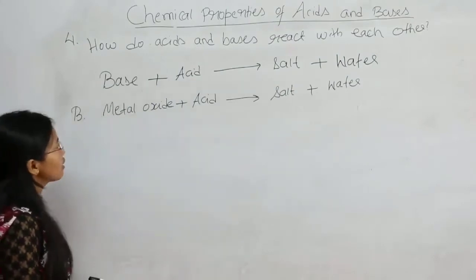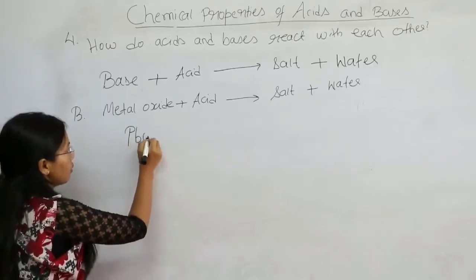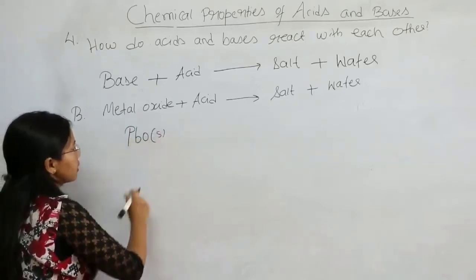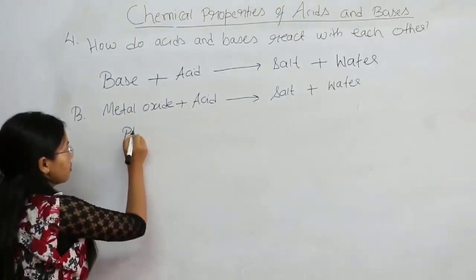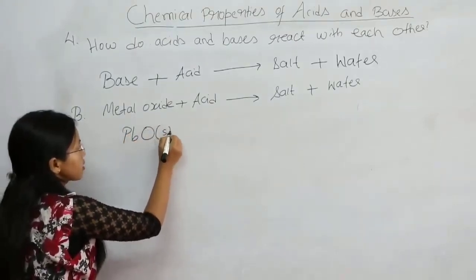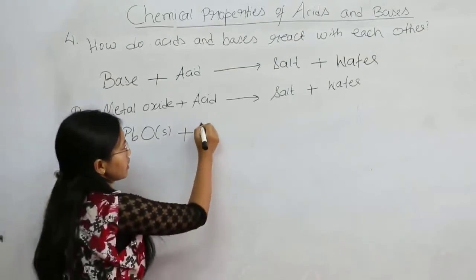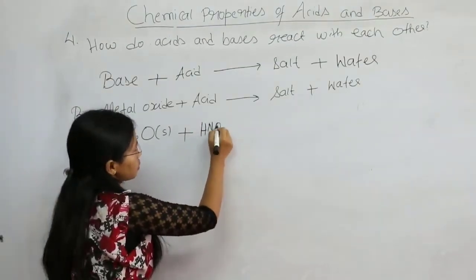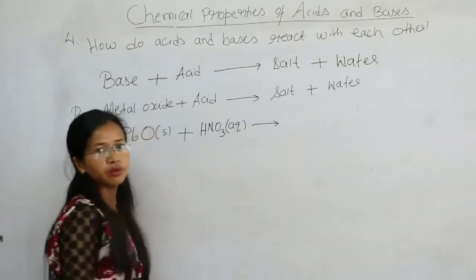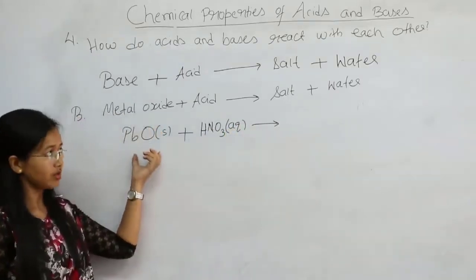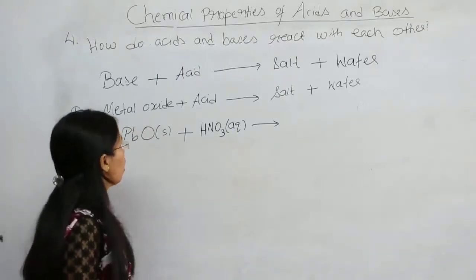So metal oxide, let us take lead oxide, PbO. This is in solid. Acid, let us take nitric acid, HNO3. Here we'll take lead oxide with nitric acid. We need to get salt and water.